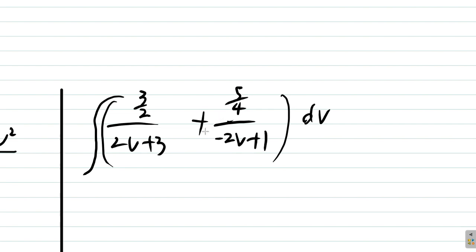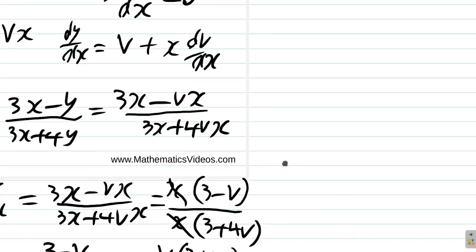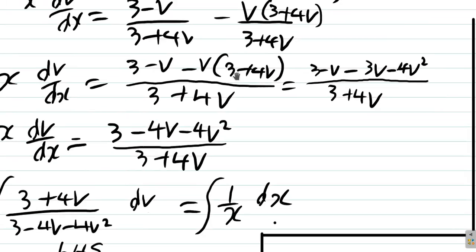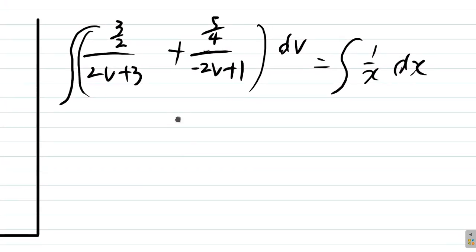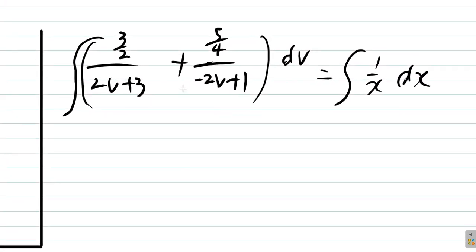But anyway, so this is the integral dv equals, what was the right hand side again? The right hand side is much easier, equals the integral of 1 over x dx. Now here you can use integration by substitution. Suppose you want to integrate 3 over 2 over 2v plus 3.